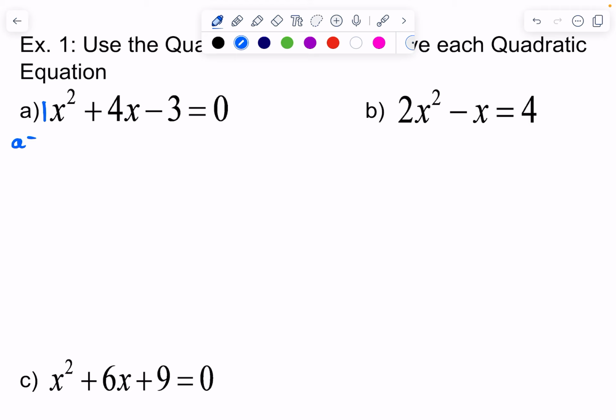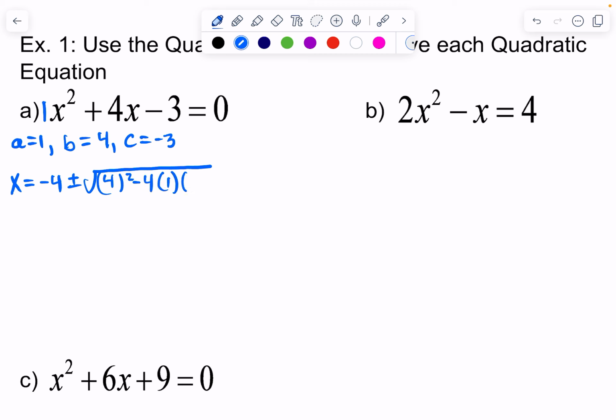So my a is 1, my b is 4, and my c is negative 3. So x equals negative b plus or minus the square root of b squared minus 4 times a times c divided by 2 times a, which is 1.